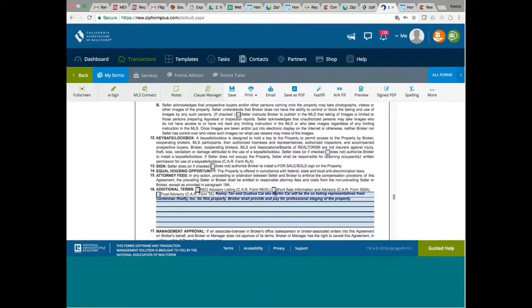And then these are the additional terms. Now, when you have co-listing agents, you want to let the seller know who the agents are. So in this case, myself and Martin will be the co-listing representatives from Centermac Realty Inc. for this property. We will pay for the professional staging for the property in this case, okay?